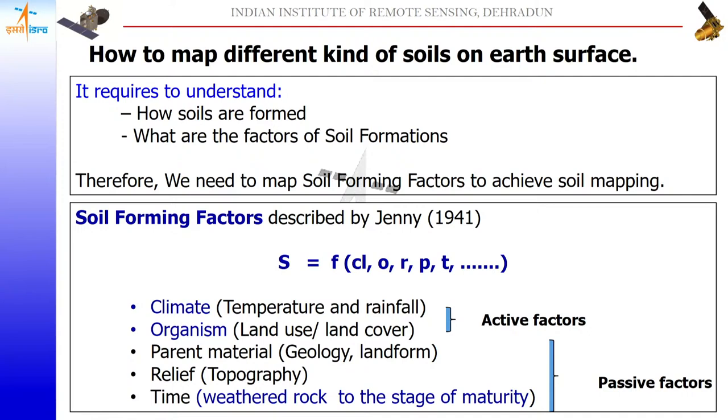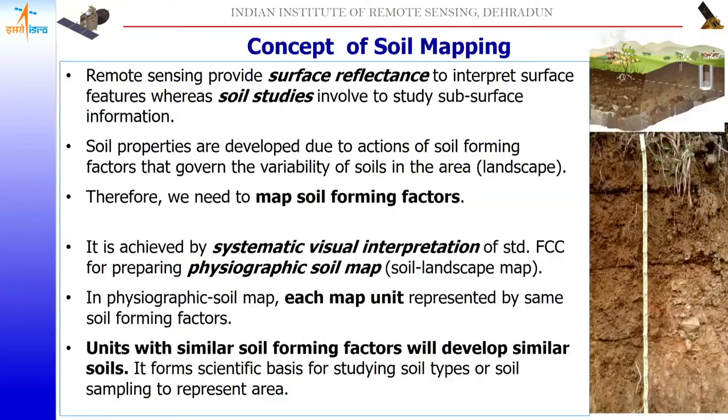These are supposed to be passive factors. So all these 5 factors we have to study for mapping of the soils. You first have to understand how these factors have affected which soil forming processes.